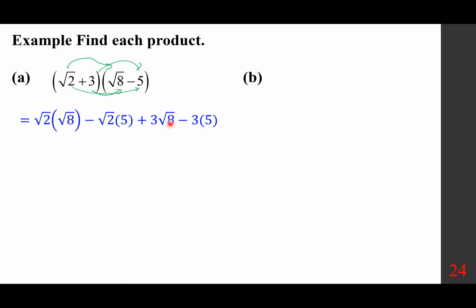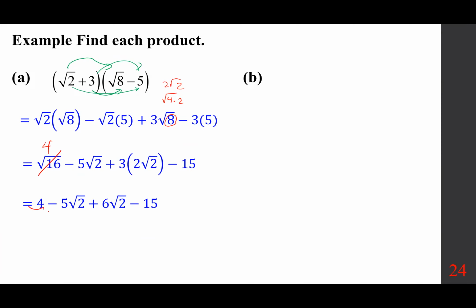Now, 8 is 4 times 2, so it's 2 square root of 2. Okay. And as you know, this is 4. So we can combine the 4 and negative 15, we get negative 11. And these 2 square root of 2. And we're done.